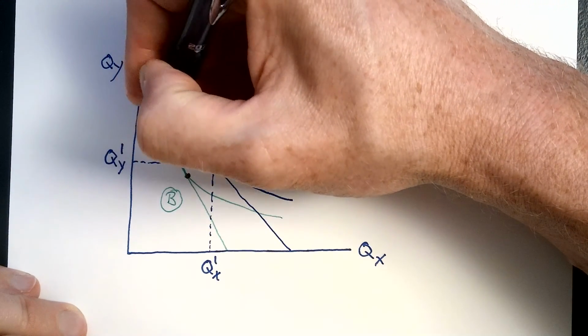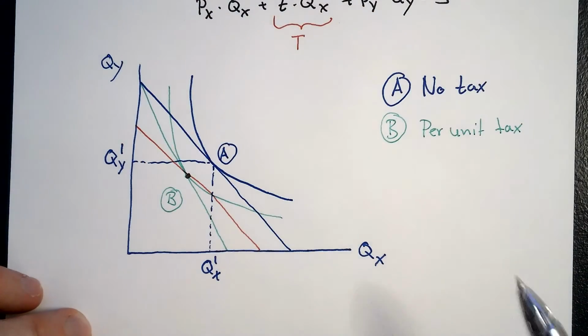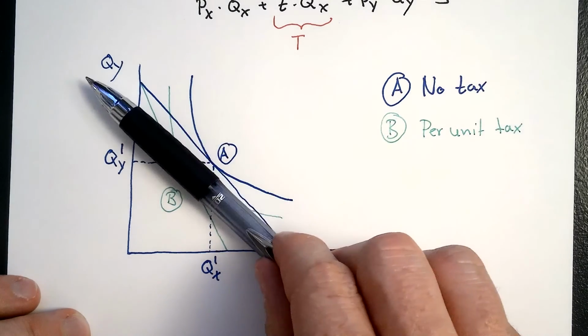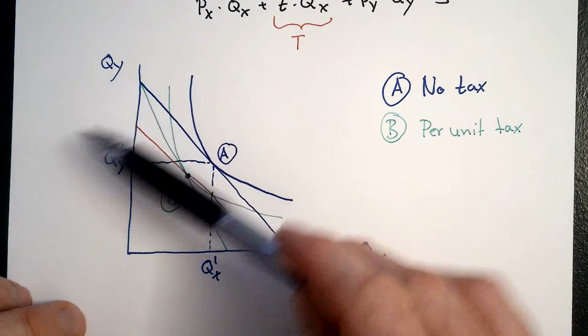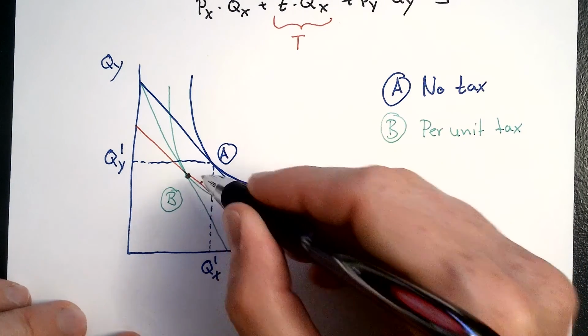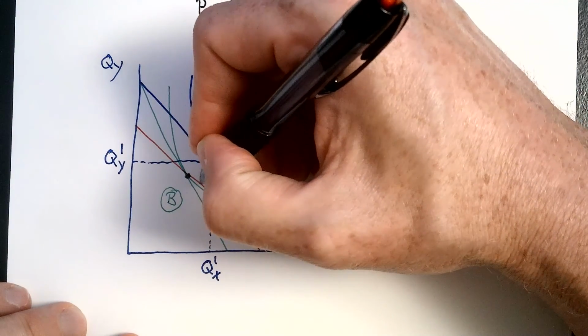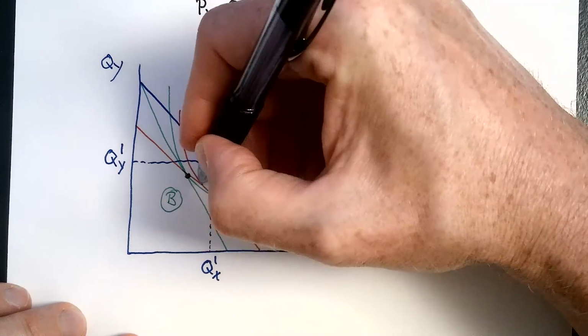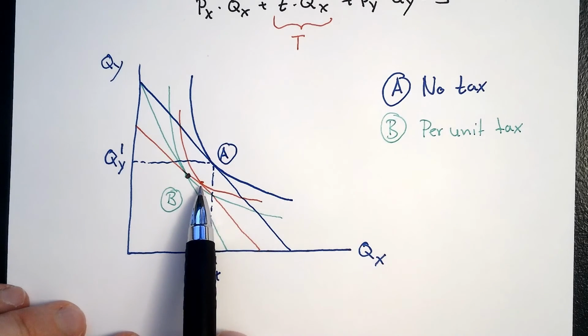So we have something like this, where it's not very well drawn, but the red line and the blue line are identical in slope, in the sense that they are parallel. Now, you can see that the consumer can actually increase their utility, or has a higher utility, with the lump sum tax than with the per unit tax.